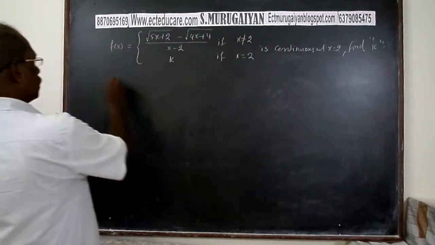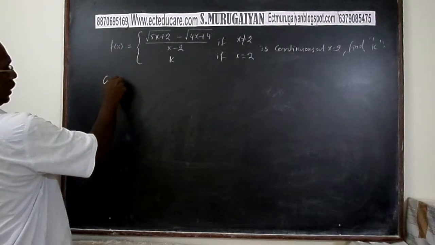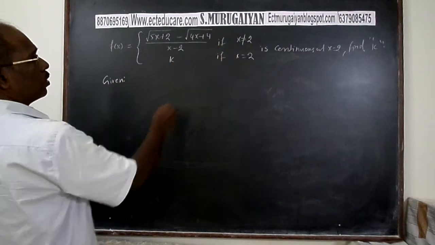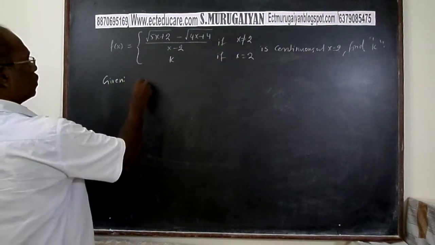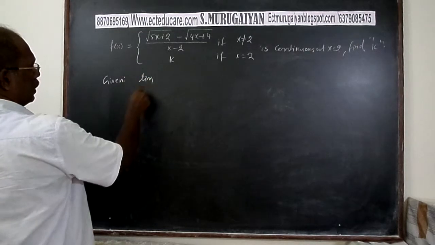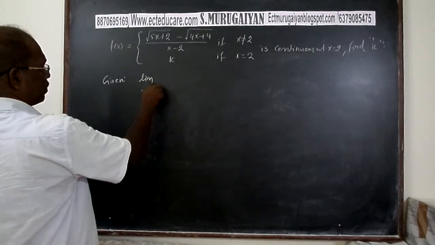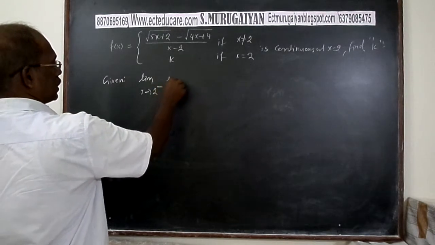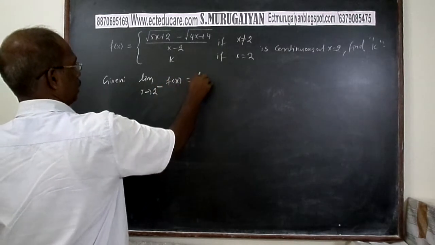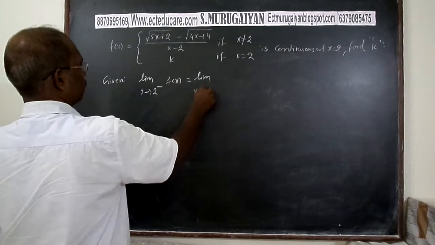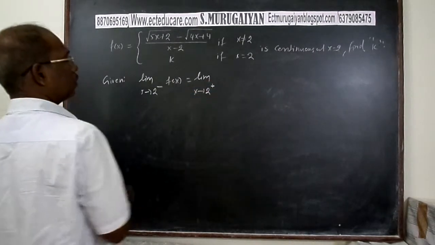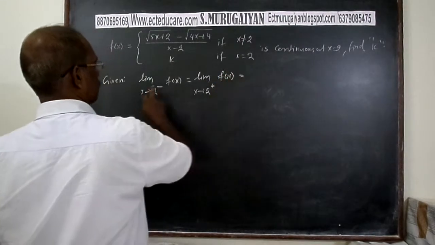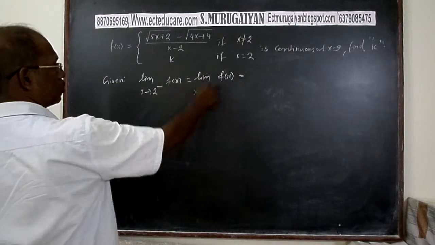Okay, so we can start with the given concept. The function is continuous at x equal to 2. That means the limit as x approaches 2 from the left side, that is the left hand limit, and the limit as x approaches 2 from the right side, the right hand limit, should be equal.